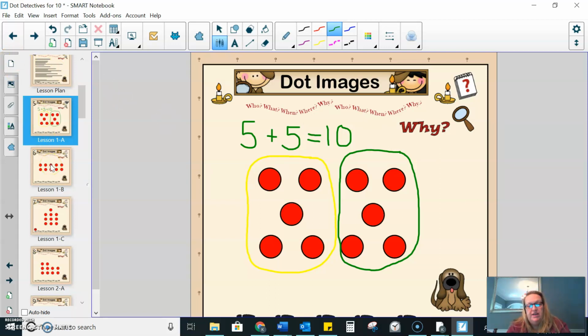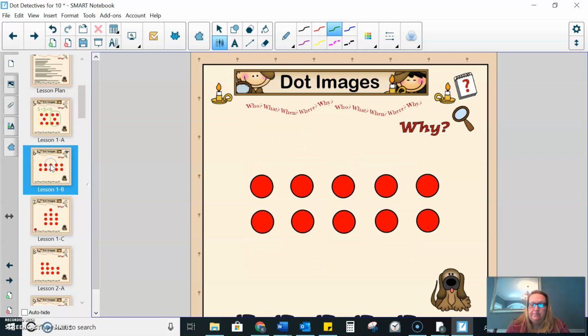Good. Let's look at another slide. Here we go. Here's our next slide. Let's look at it for just a second. Remember, we want to quickly look at it and see if we can subitize and figure out how many there are altogether. But not only can you figure out how many there are, but can you talk about how you know?